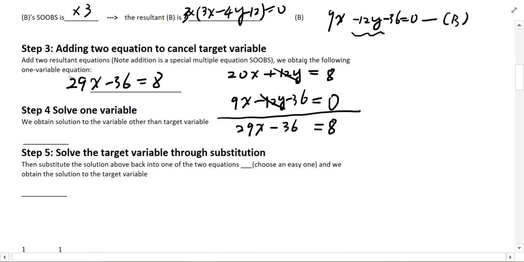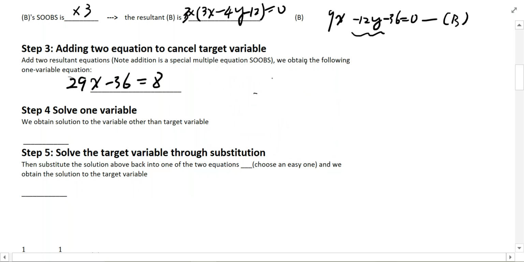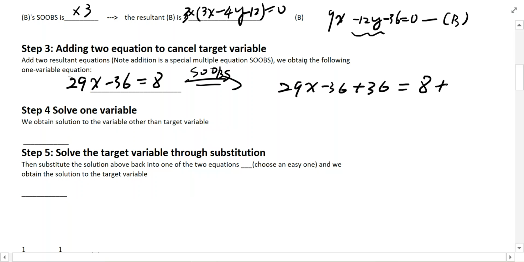So it's very easy to solve, right? How to solve it: you basically do the same operation for both sides. We basically do plus 36, 8 plus 36, right?